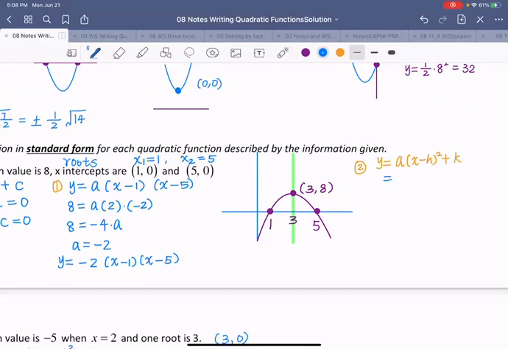Your h is 3, your k is 8. You want to plug in, okay? So this becomes y equals a times (x minus 3) squared plus 8. Okay, next.